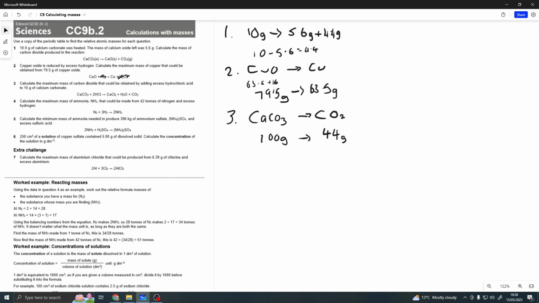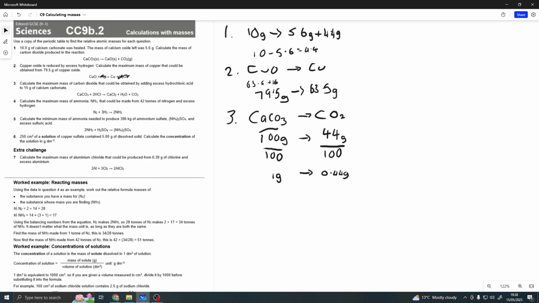Now, we need to find how much 1 gram of calcium carbonate would make, because that's the value we're given. So to find out how much 1 gram, I simply divide that by 100, and that will tell me how much 1 gram makes. So I also then need to divide 44 by 100, and that makes 0.44 grams.